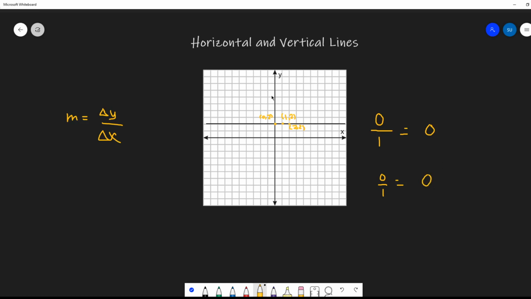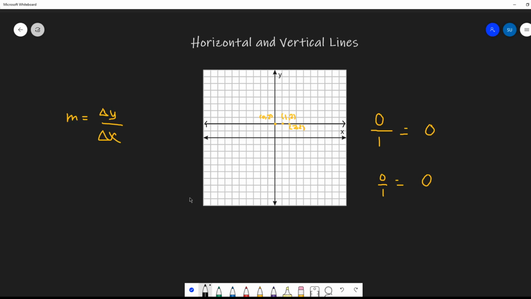So we know that the slope of this horizontal line is 0, and actually this rule applies to all horizontal lines, regardless of where they're placed. The slope of a perfectly horizontal line that stays static at that one y coordinate will always be 0, because that line is not increasing.